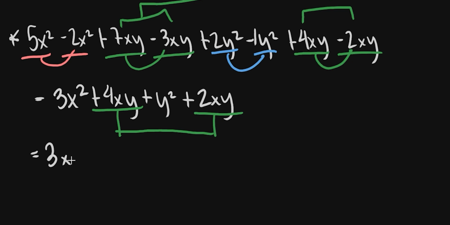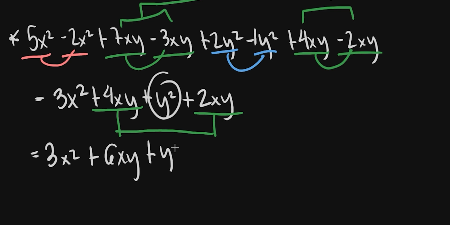So 3x squared, 4xy plus 2xy would result to positive 6xy. Then the last one is positive y squared. So here's your answer. And yeah, that's it. Good luck, students.